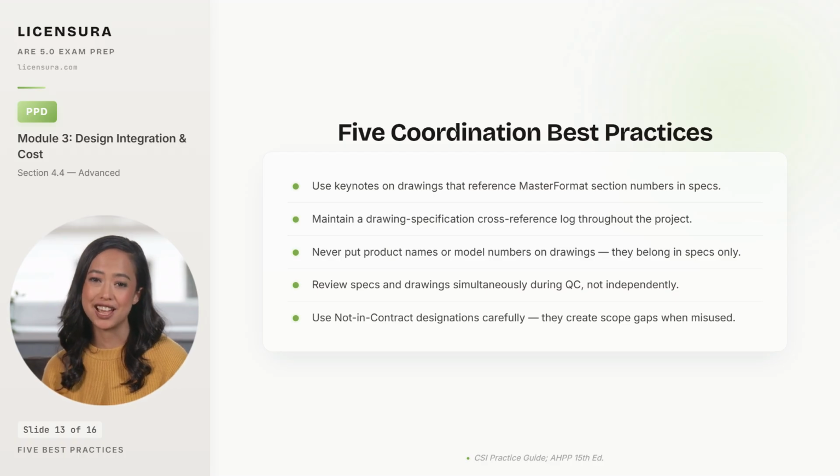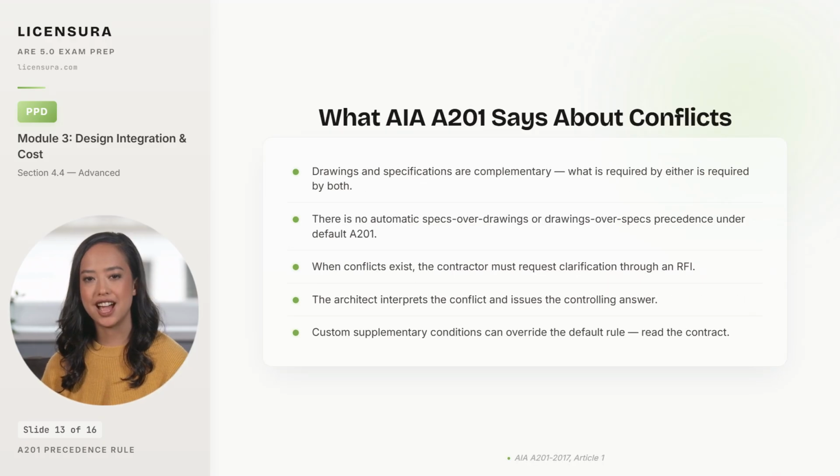1 AIA A201 rule governs every conflict that survives QC. Know it before the contractor uses it against you. 1 AIA A201 rule governs every drawing spec conflict that survives QC, and the rule is the single most tested item in this entire section.